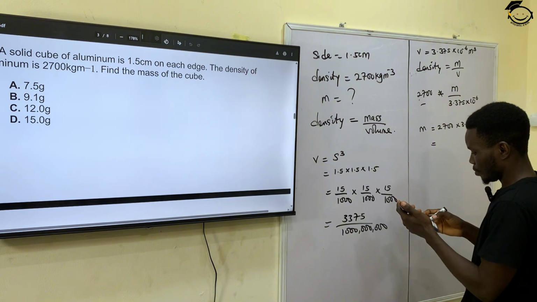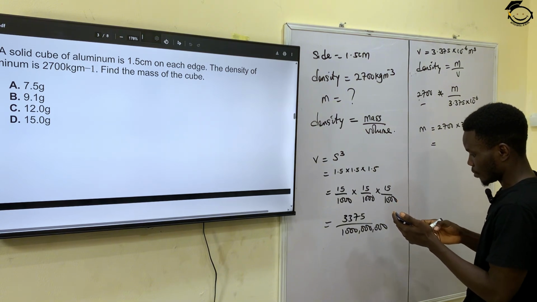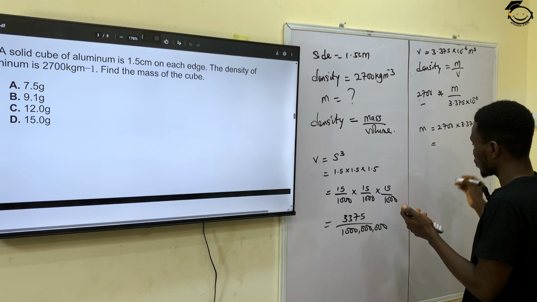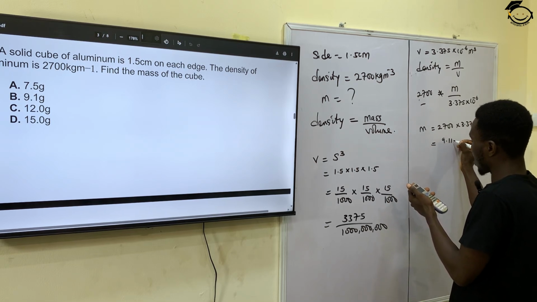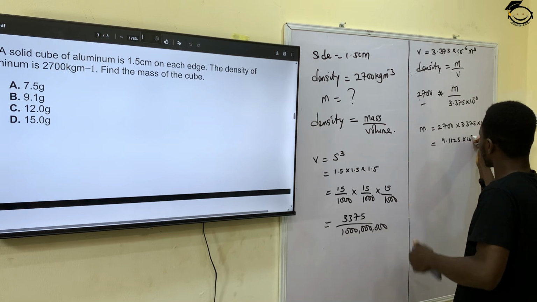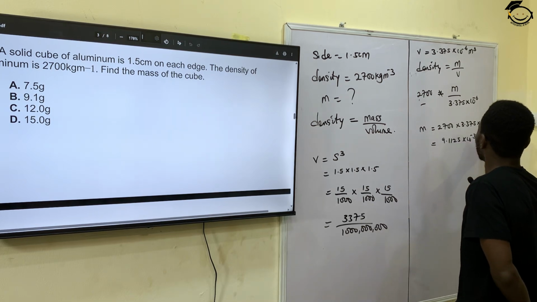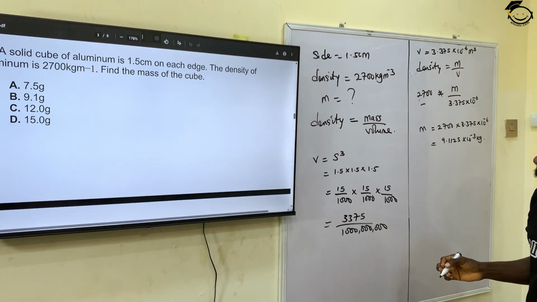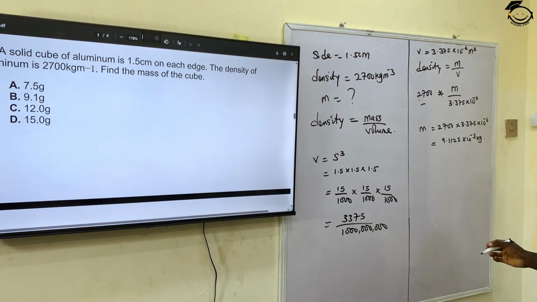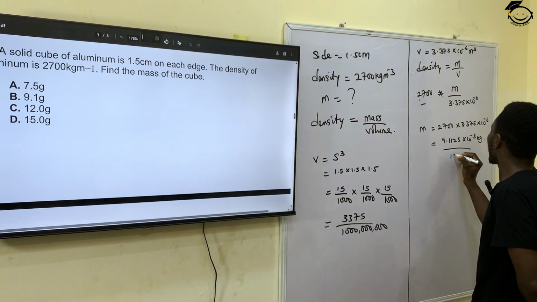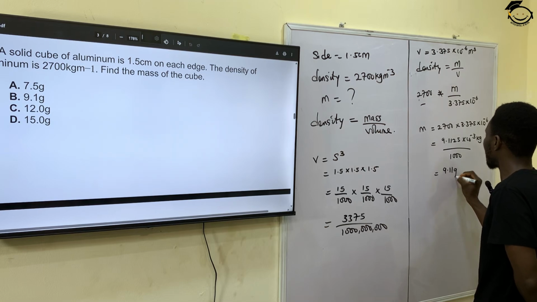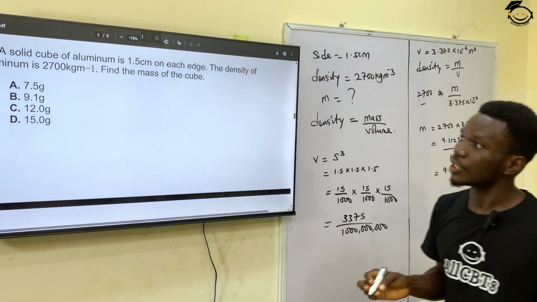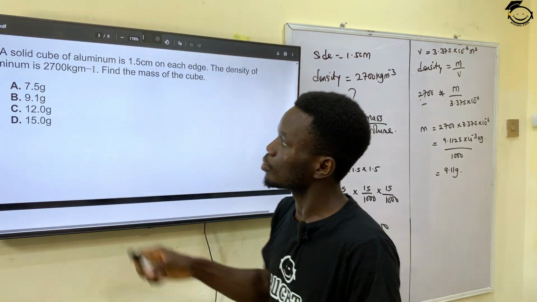And that will give me 9.1125 times 10 raised to the power minus 3 kilogram. But if you look at our options, they are in grams. So in order to convert this to gram, I'll multiply by 1,000, and that will give me 9.11 grams. So if you look at our options there, the correct answer to this question is option B.